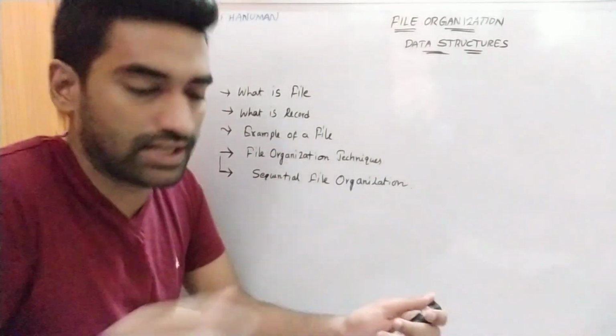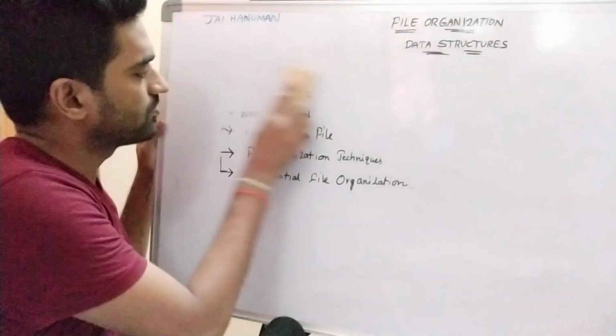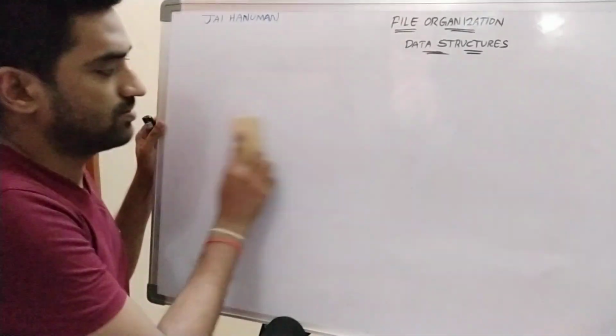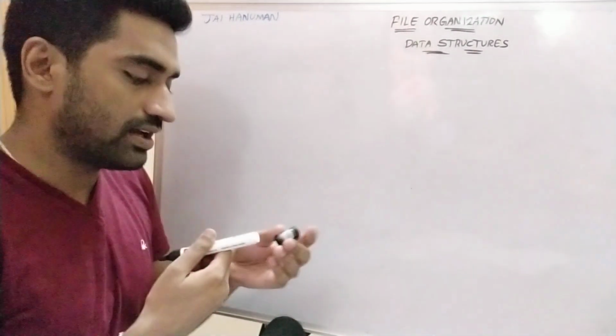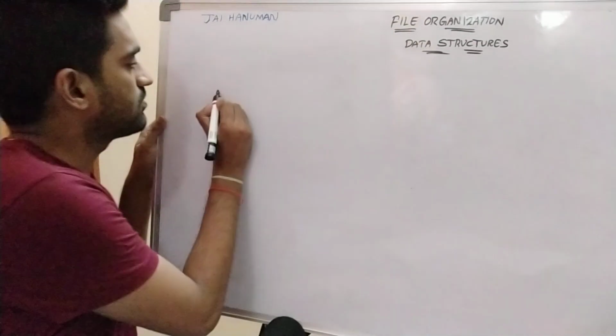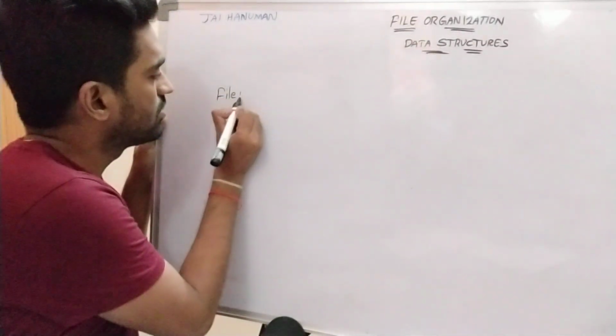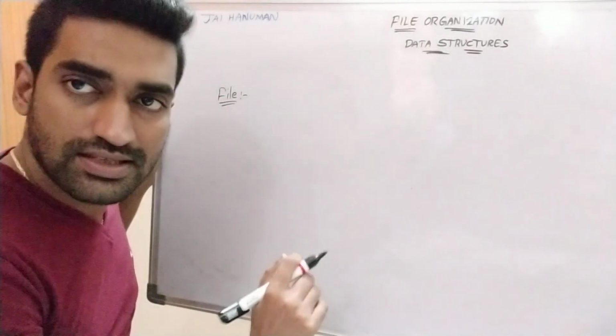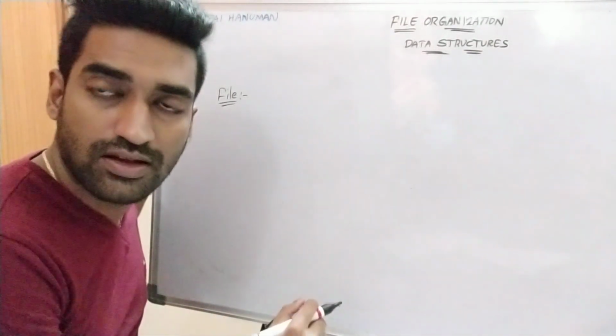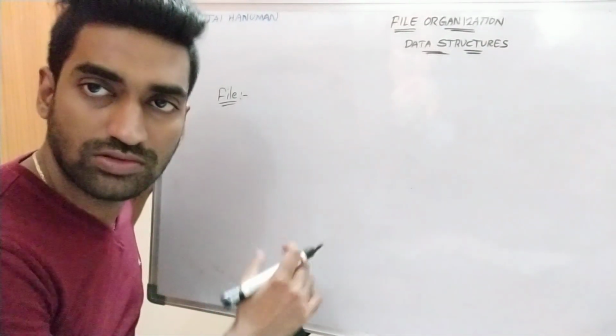What is a file? A file is a collection of records which contains data about individual entities.